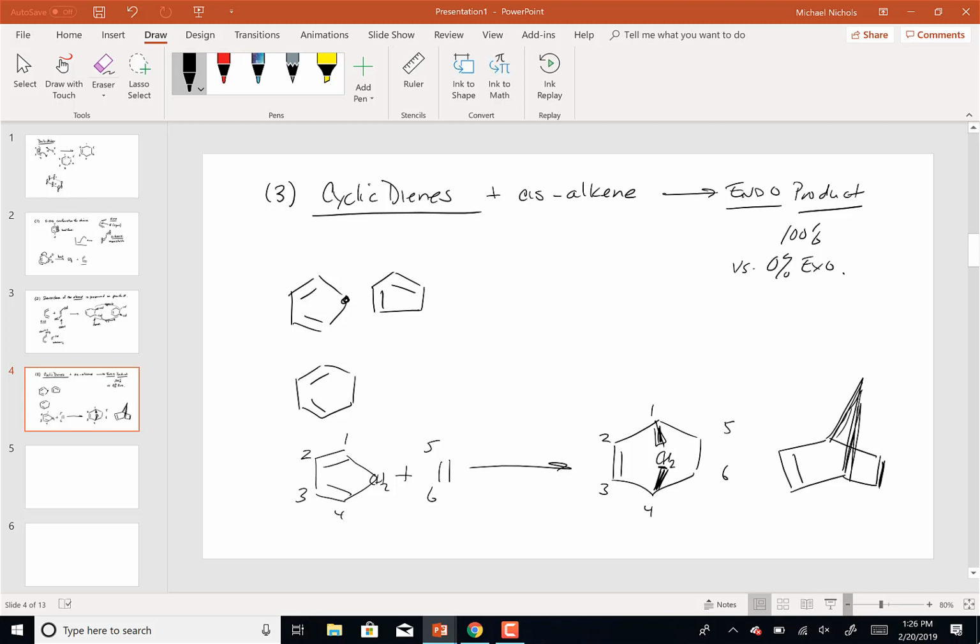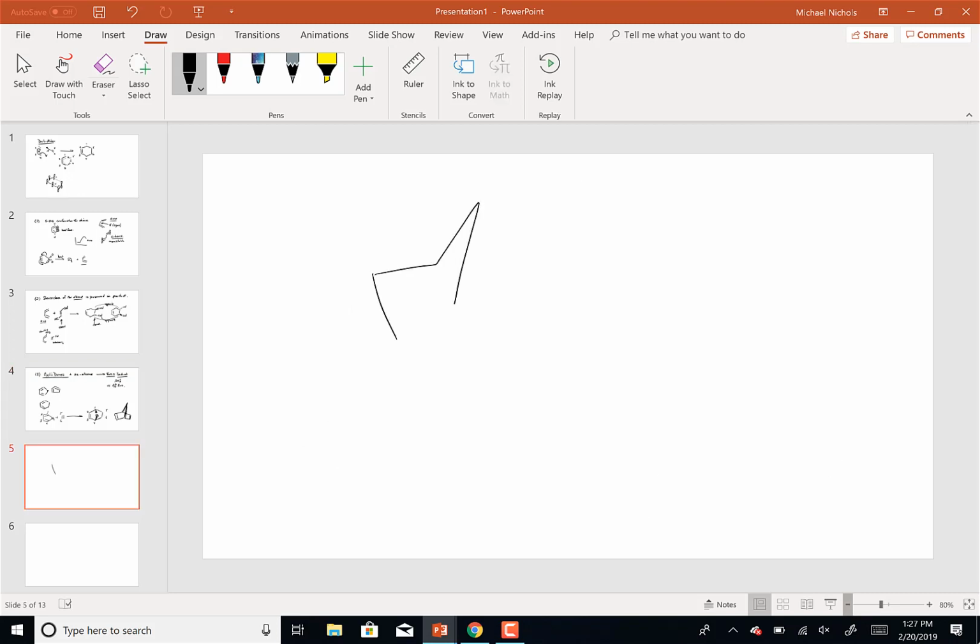Now the reason I draw this is because I need to explain what the exo and the endo products are. So I'm going to rewrite that over here. There are two equatorial positions coming off of that ring, and then there are two axial positions that are down. So when I think about which one's endo and which one's exo, I think about what exo and endo mean.